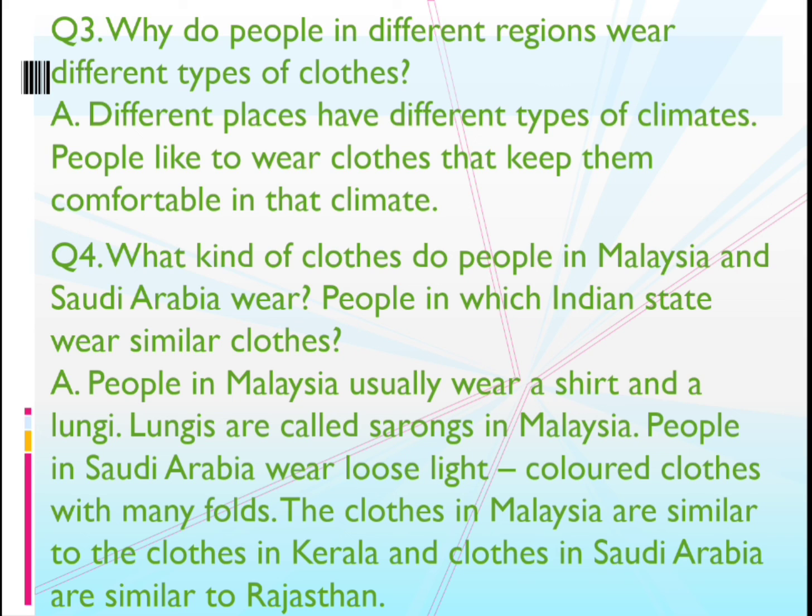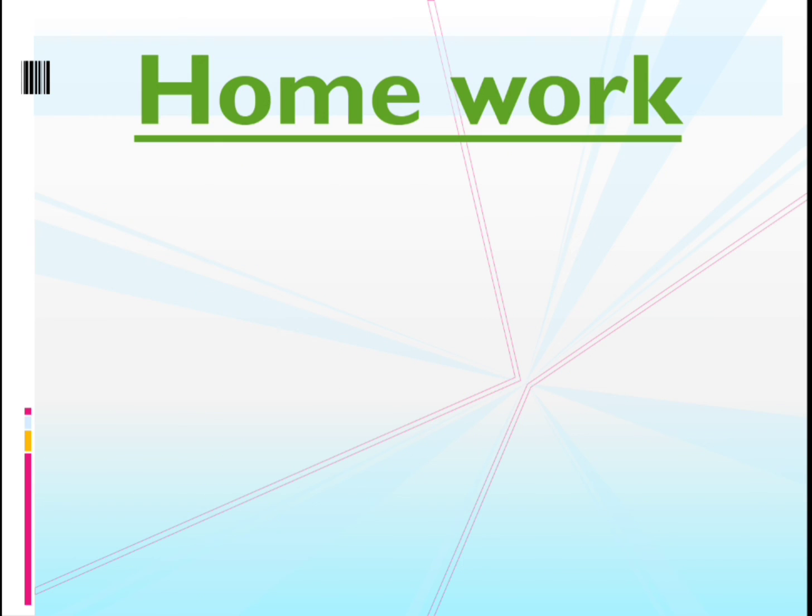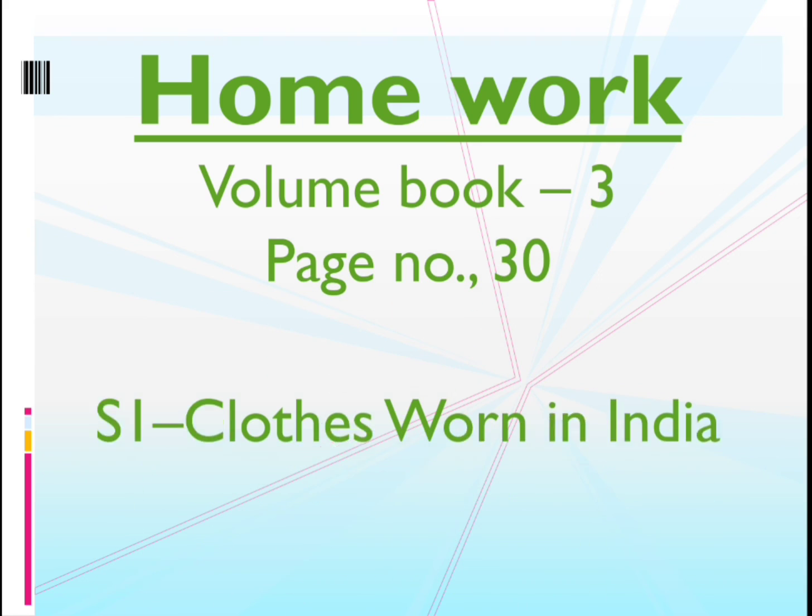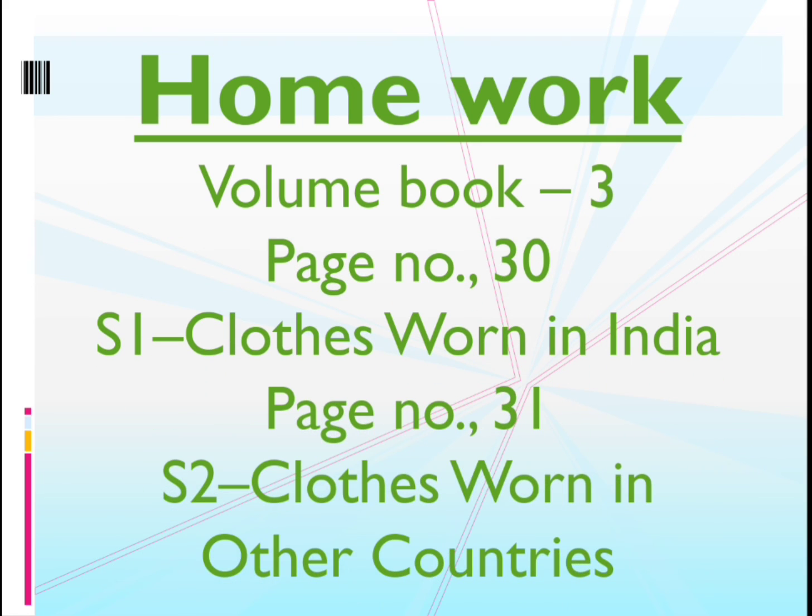Yes, and it is similar to Kerala. And coming to Saudi Arabia. Saudi Arabia has a hot and dry climate, so they prefer to wear loose light colored cotton clothes, which is similar to Rajasthan. So that is what you have to write in your answer. Okay, coming to your next question. Only 4 questions. Please write them down in your classwork book.